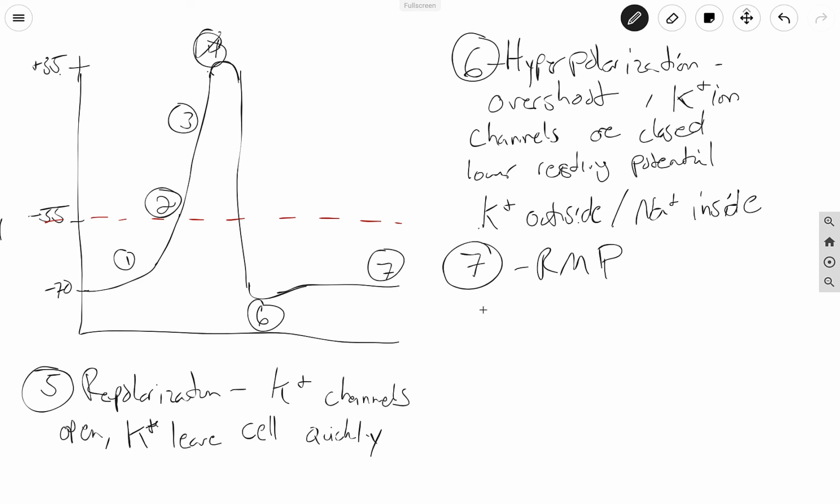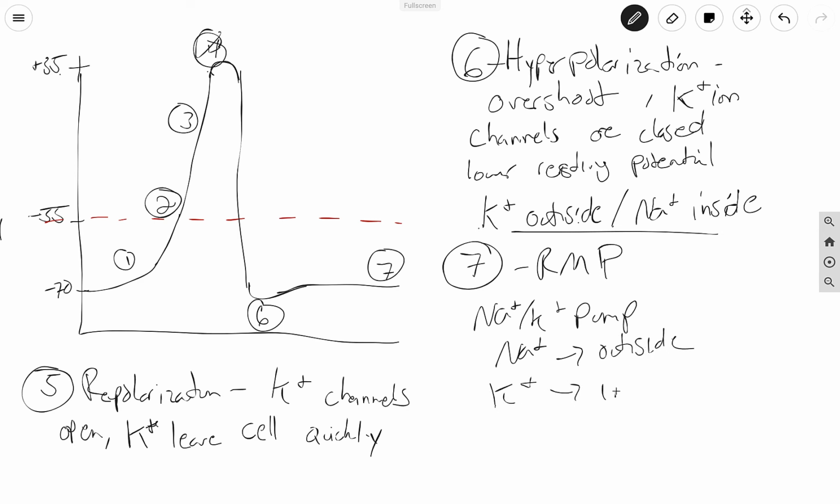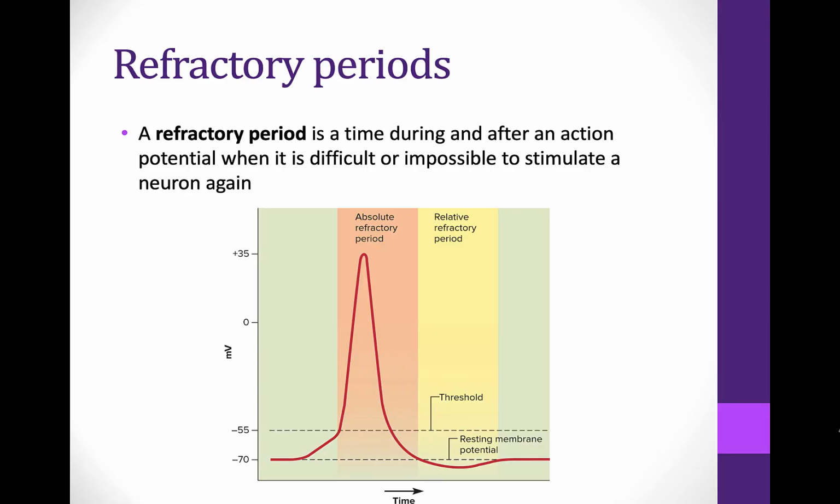And this is going to be thanks to the sodium-potassium pump, which is going to fix this issue. And it's going to put the sodium back on the outside and bring the potassium back on the inside to get the cell ready to start another action potential if it receives another.